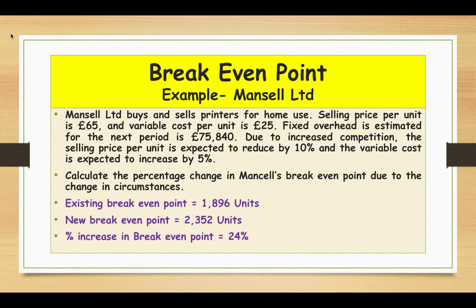So the percentage increase in break-even point is 24%, which is 2,352 take away 1,896. That is 456 units. That is the absolute increase, divided by 1,896 times it by 100, we will get this 24% increase.